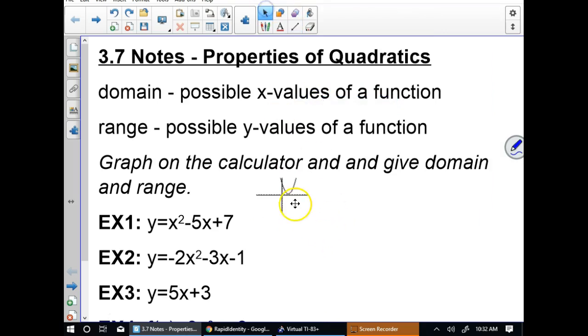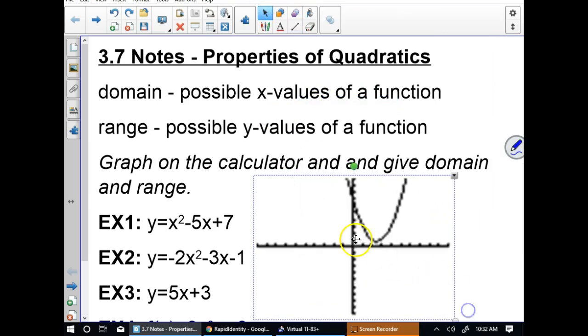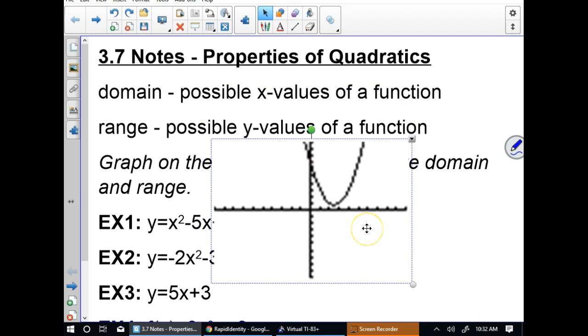I'm going to put this over here a second. Alright, so, when you were talking about domain, you were talking about what possible x values can you have. So, remember also that at the ends of this graph, you've got arrows, right? So this graph keeps on going forever in this direction and forever in this direction as well.